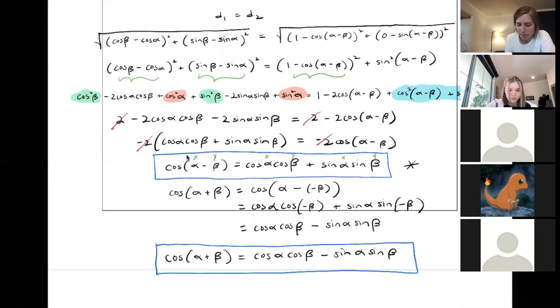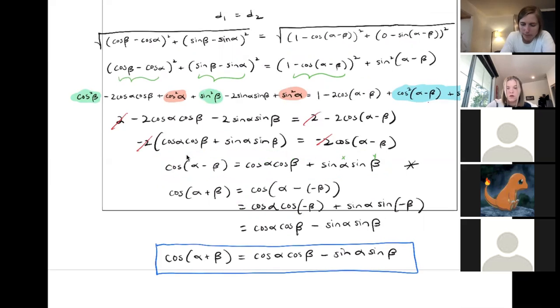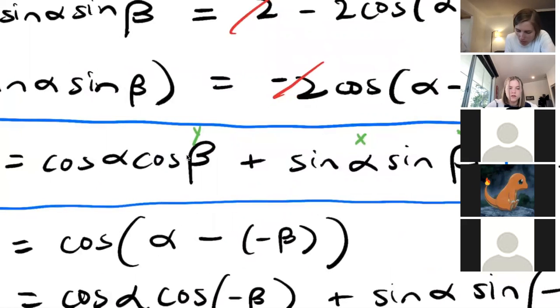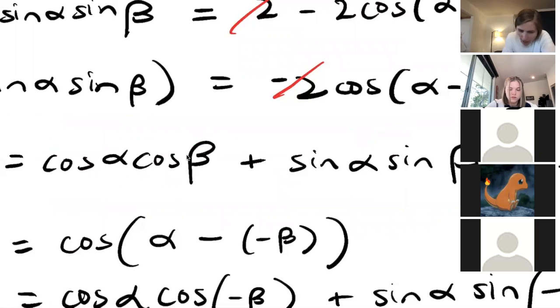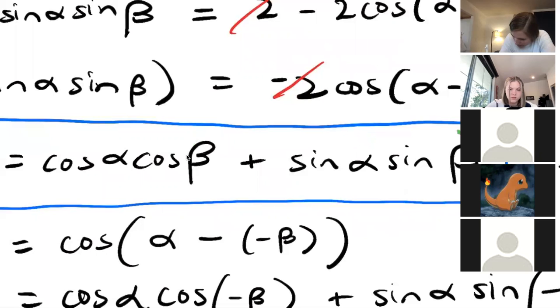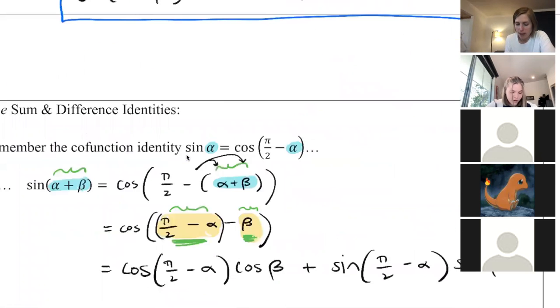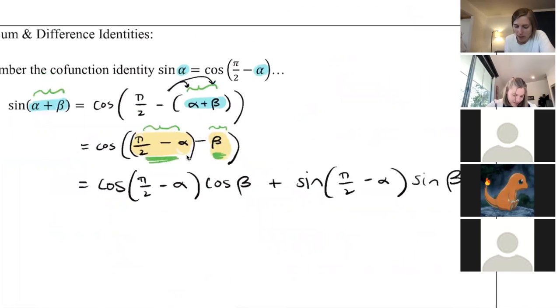Yeah, I'm still a bit confused as well. Okay. Is it mostly going from the multiplication to the addition? One sec. Okay. Wait, so on the left side, the cosine of alpha minus beta and the sine of alpha plus beta, those are the same then, right? Say that one more time.